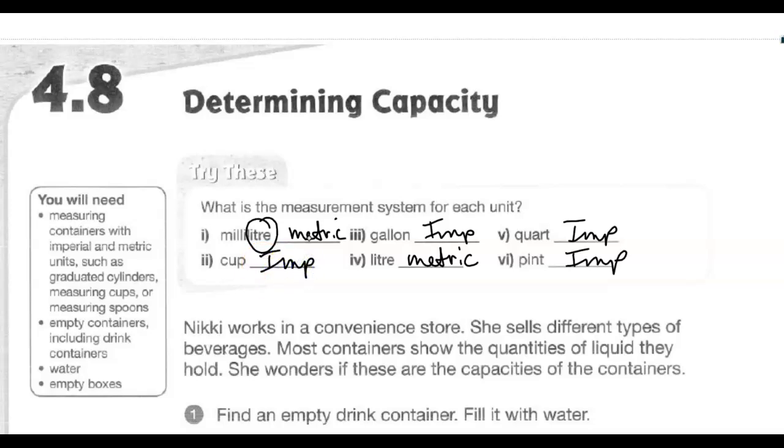So if you do any cooking, recipes will often have things about cups, teaspoons, tablespoons, sometimes as big as pints and quarts, and that's imperial.